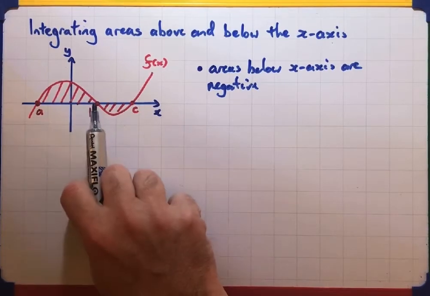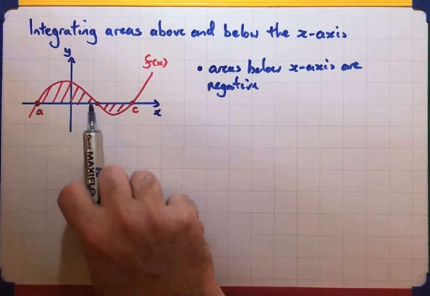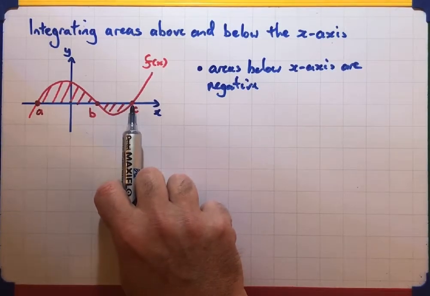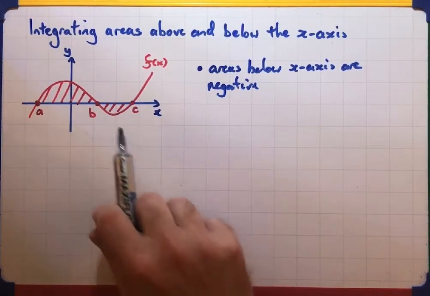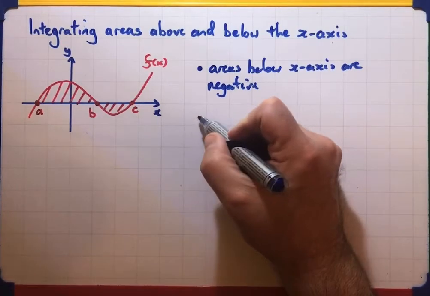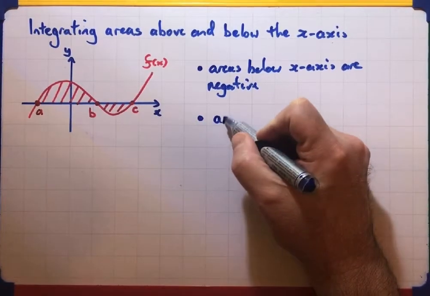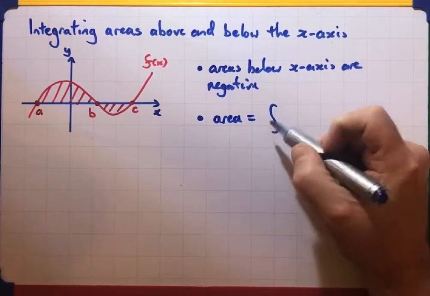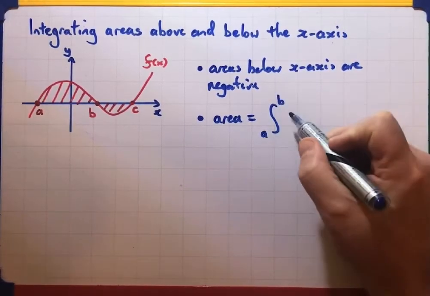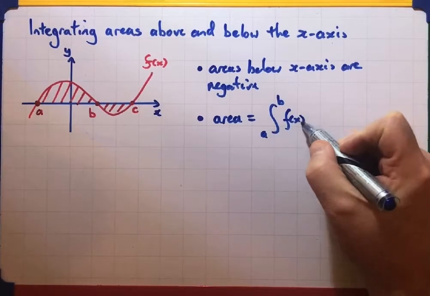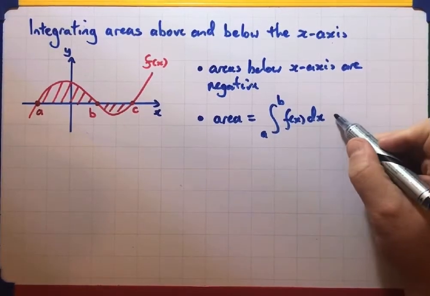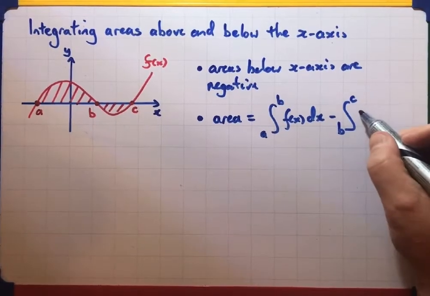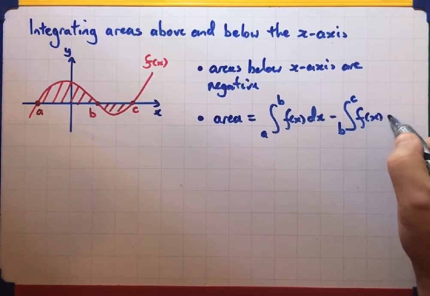So what I have to do is work out the integral between A and B and then subtract the integral from B to C. So the shaded area here would be equal to the integral from A to B, which is the bit above the x-axis, take away the integral from B to C below the x-axis.